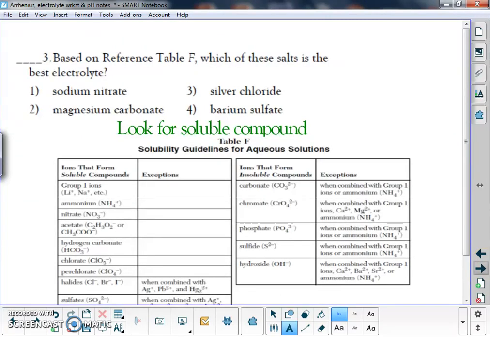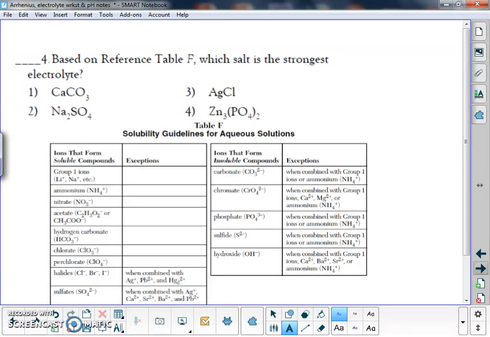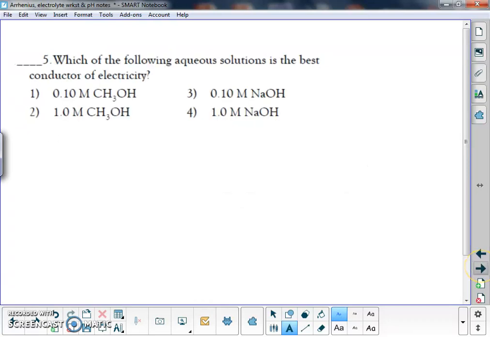Number 3, you're looking for something that is soluble. The most soluble, that is 1. Number 4, again, you're looking for the most soluble. Number 2. Number 5, best conductor will be the greatest concentration of the best electrolyte. Number 4.